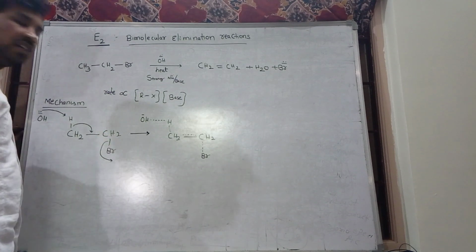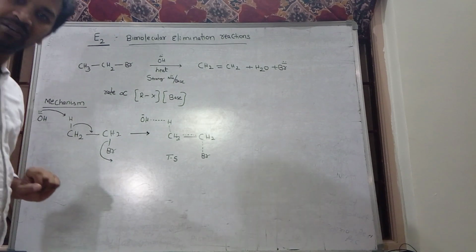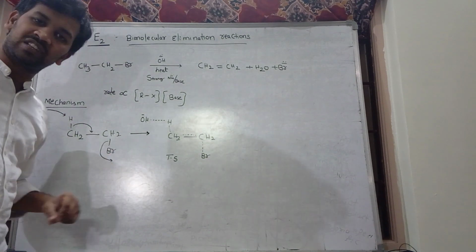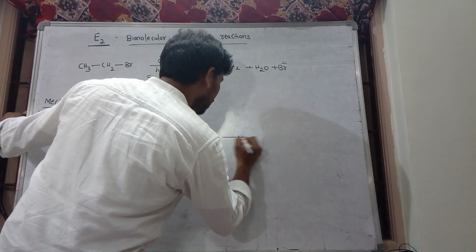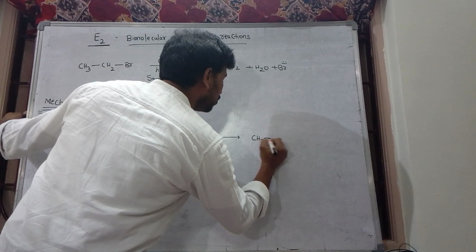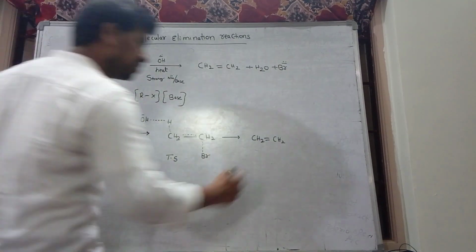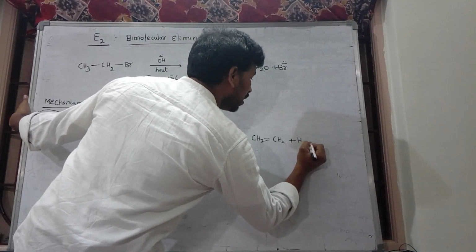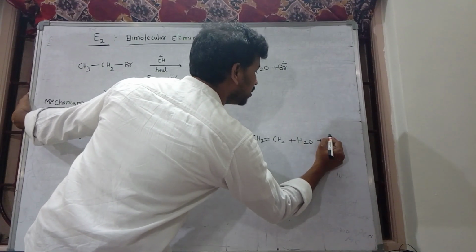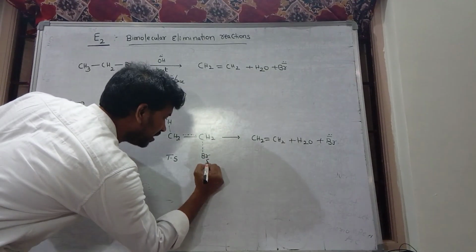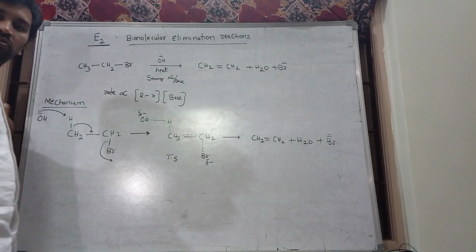This is the transition state. Same as in SN2, the transition state is the intermediate. Here also the transition state is the intermediate. Then it converts into CH2 double bond CH2. OH minus takes H plus, converting into H2O and Br minus. So in the transition state, a partial negative charge will be there on Br, and on OH also.